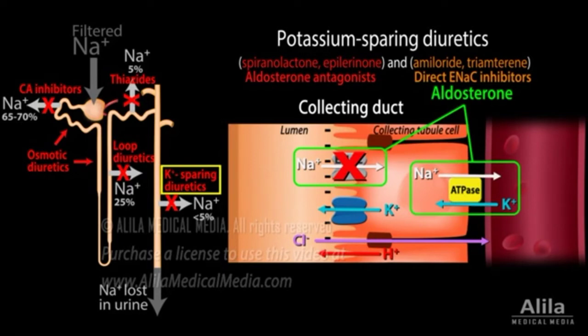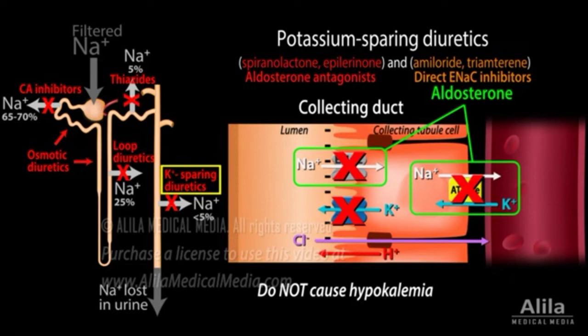They are called potassium-sparing because they do not increase potassium loss, unlike all other diuretics acting upstream. Instead, they reduce potassium loss because reduced sodium reabsorption decreases the electrogenic exchange for potassium. Aldosterone antagonists also directly inhibit the sodium-potassium pump, reducing potassium loss.